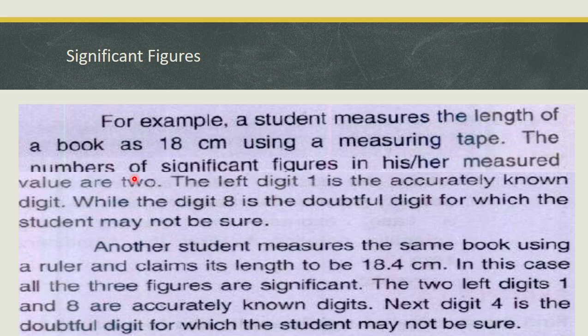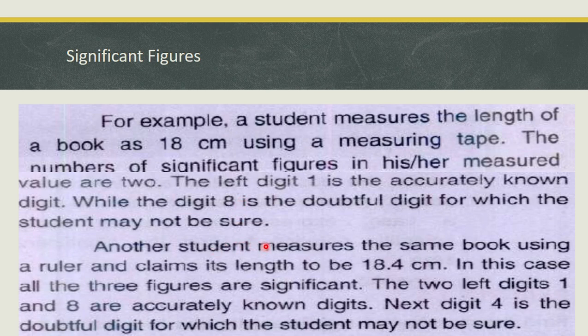Now you see, the first digit 1 is accurately known, while 8 is a doubtful digit for which the student may or may not be sure. Maybe when he measures again, it says 17, or 18, or 19. So 1 is the accurately known digit, while this 8 is called the doubtful digit. So it has two significant figures.